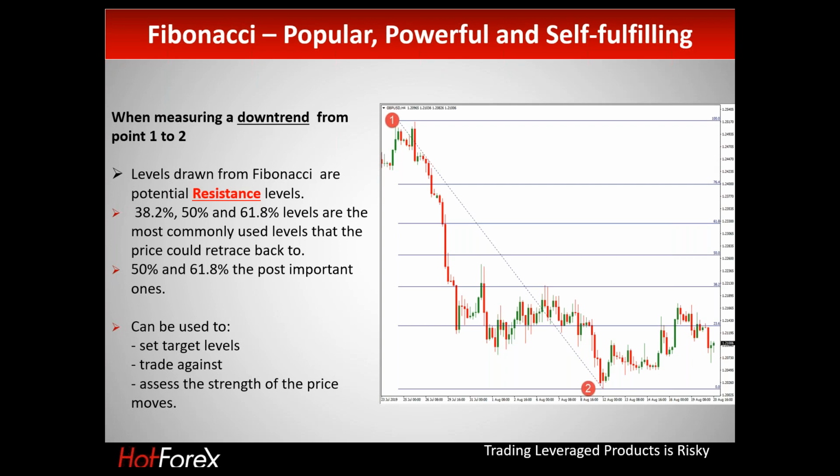So each of these levels is associated with one of the above ratios or percentages, indicating how much of a prior move the price has retraced. So since we have seen the price moving up and retesting this 23.6 level, what does that mean?